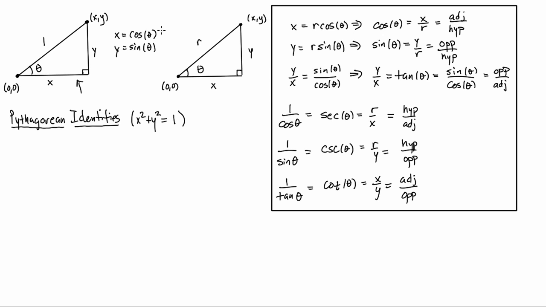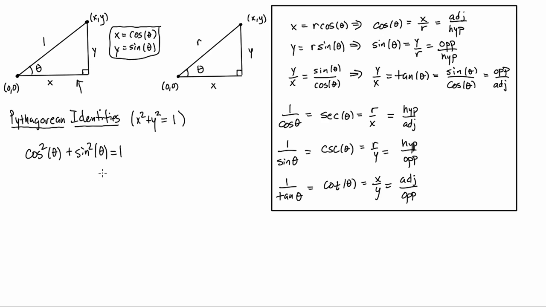But we also know that we have a description here for what x and y are in terms of theta. And so if we replace x and y in the Pythagorean theorem with cosine theta and sine theta, then we wind up with cosine squared theta plus sine squared theta is equal to 1. And so that is what's called the first Pythagorean identity.